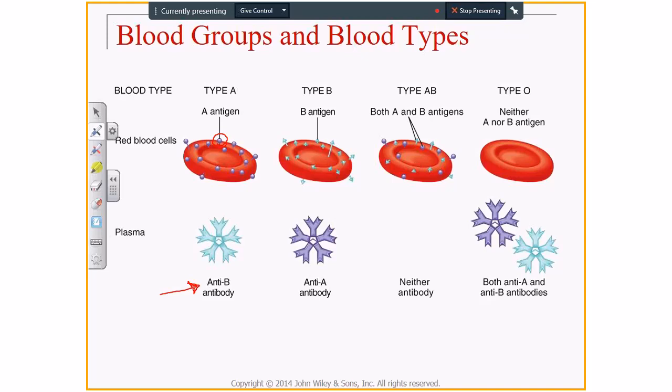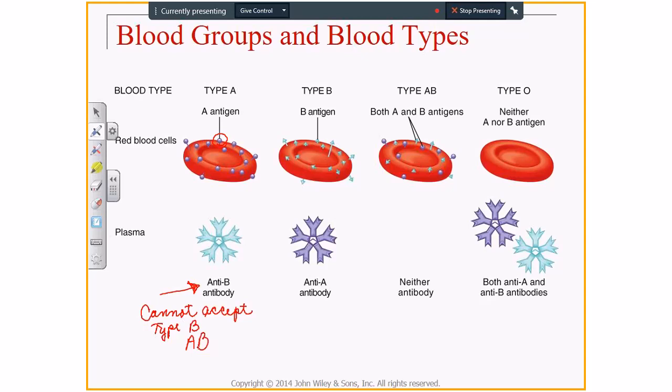So these people cannot accept anybody with a B antigen on it. That means anybody with type B or type AB blood, because we have the antibodies to fight against it.